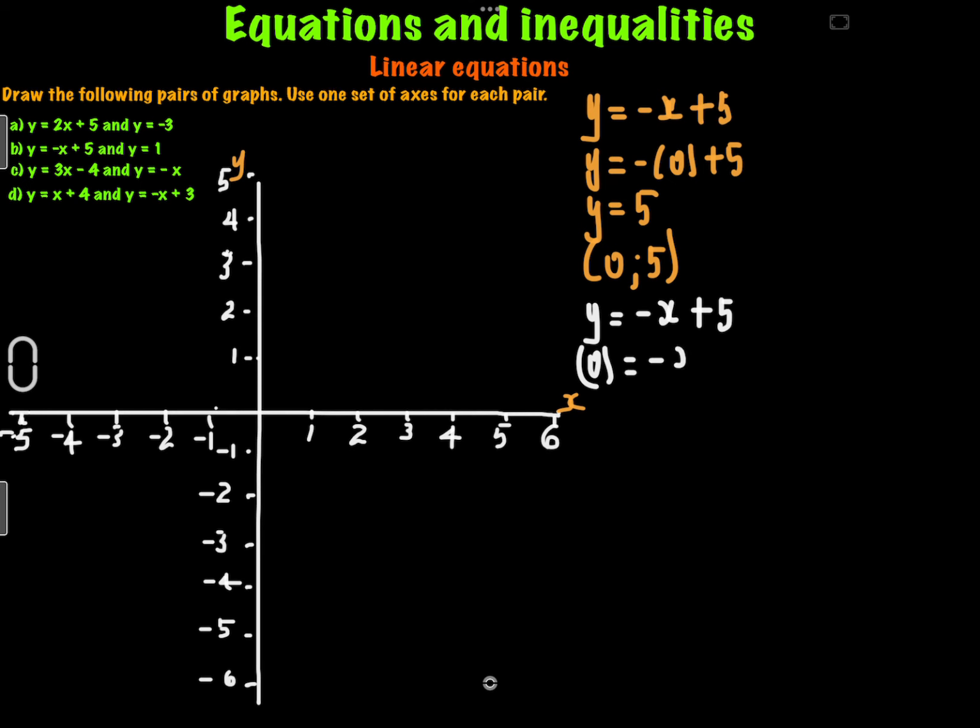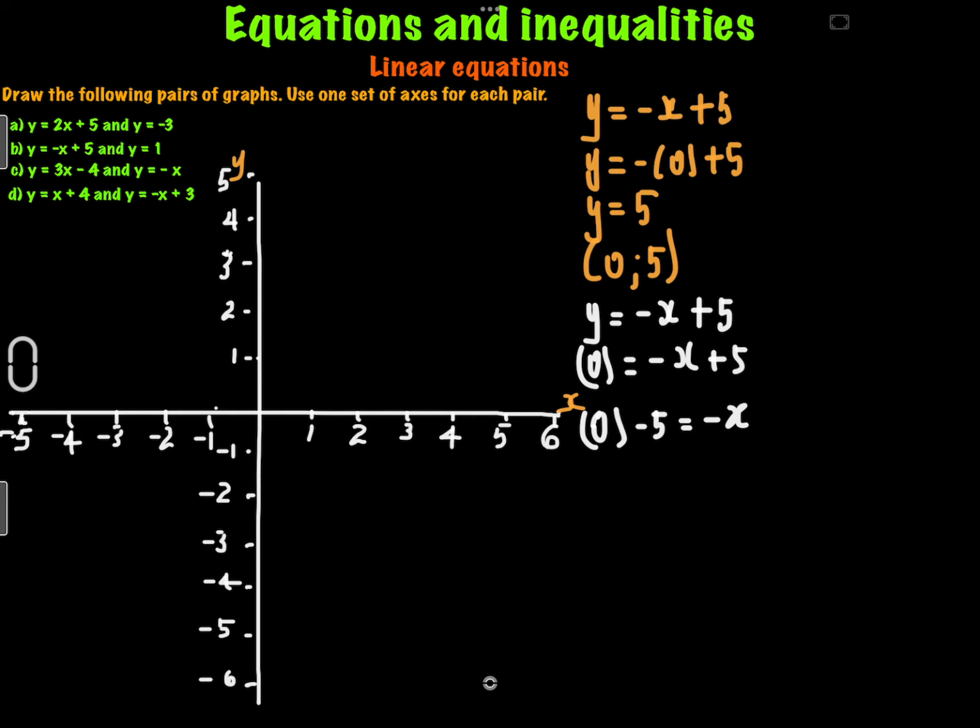We have 0 equals negative x plus 5. Substituting, the positive 5 moves over the equal sign and becomes negative 5, and all you remain with is negative x. Now notice we have negative x in this case, which is not something that we want in mathematics.